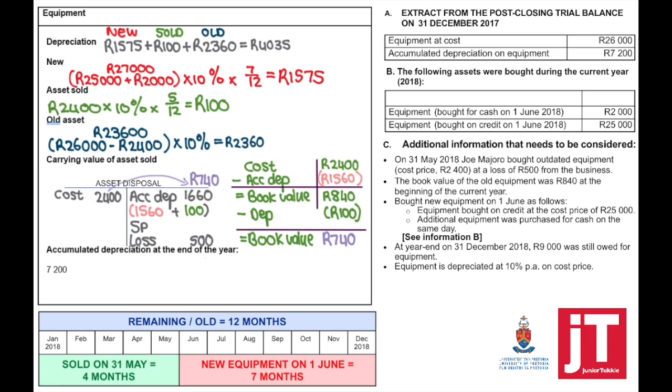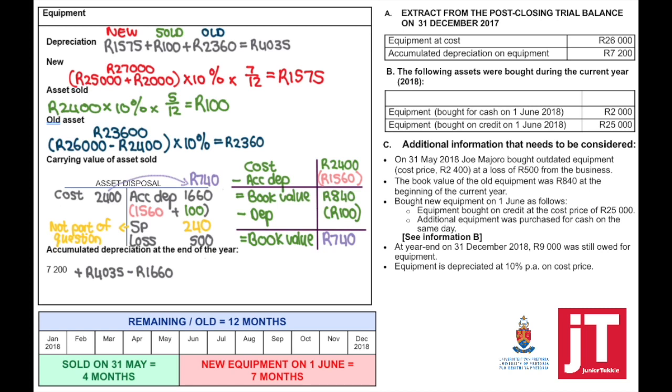The next part of this question, calculate the accumulated depreciation at the end of the year. To calculate the accumulated depreciation now, they've already provided us with the accumulated depreciation in the beginning, plus the total depreciation, which consists of new, sold, plus the old, minus the accumulated depreciation on the asset which we've disposed of.